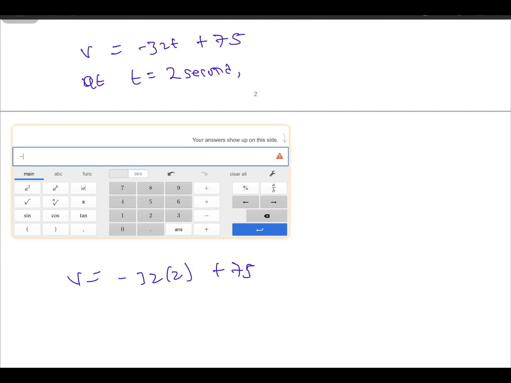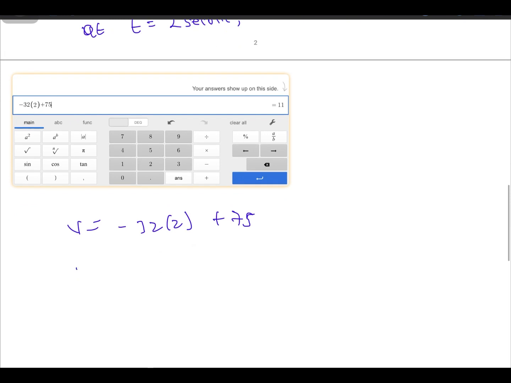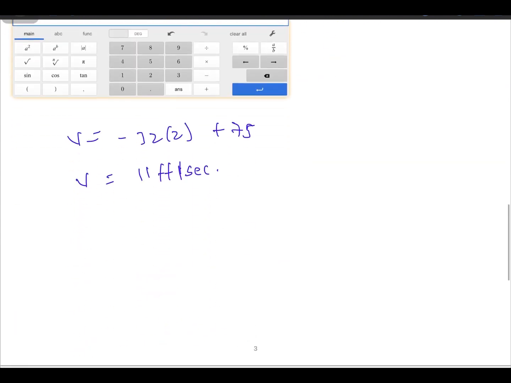So negative 32 multiplied by 2 and then plus 75 will give us 11. So now the velocity is equal to what? 11 feet per second. So let's go to the C.